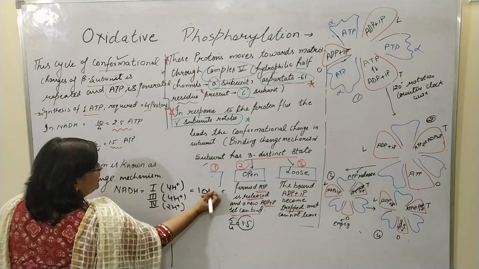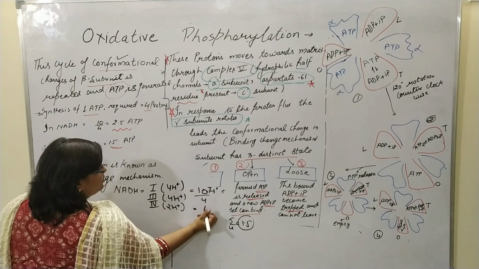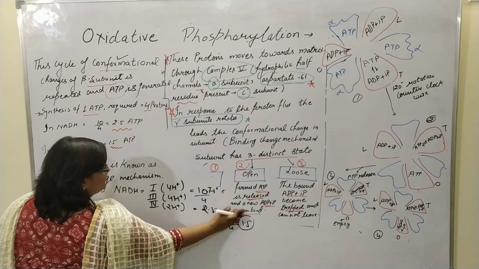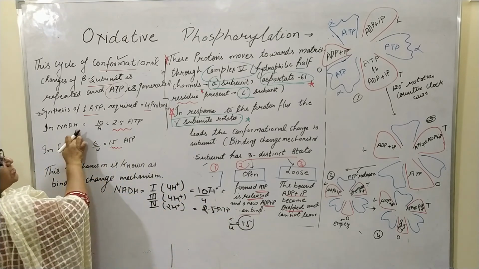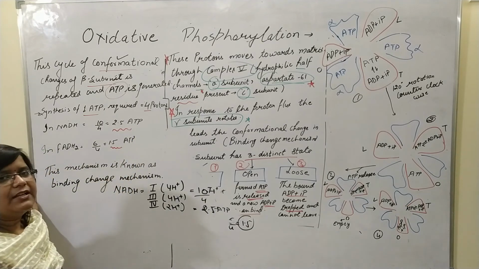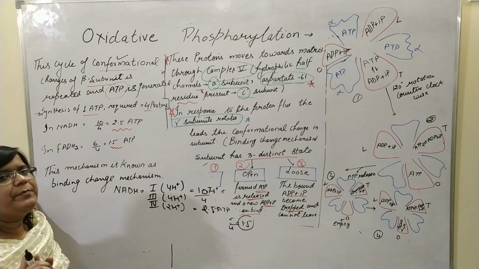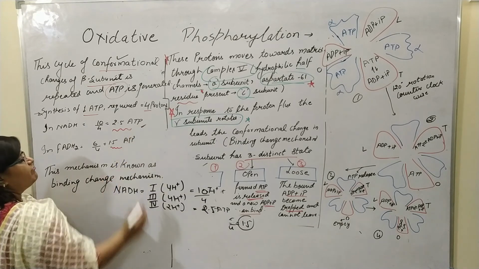So 10 divided by 4 is 2.5 ATP. So for NADH, 2.5 ATP is generated. Previously the concept was that from 1 NADH, 3 ATP will be generated, but now the new concept is 2.5 ATP.